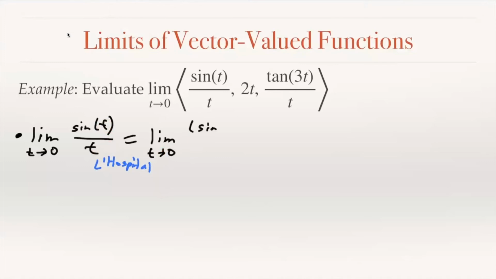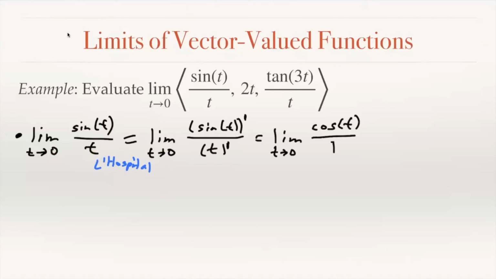And sine of 0 is 0, and t at 0 is 0. So that's the same as sine t derivative over the derivative of t, which is the limit as t approaches 0 of cosine t over 1, which is the limit as t approaches 0 of, well, 1 over 1, which is just 1.